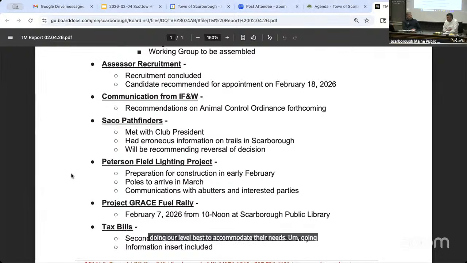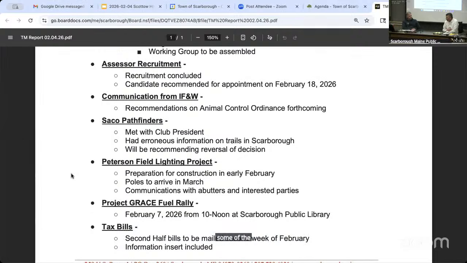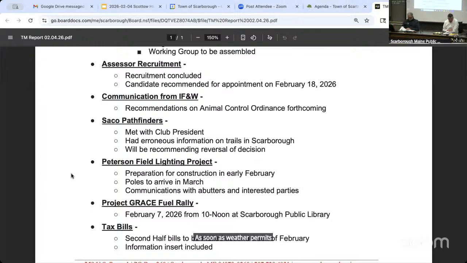Going forward, we are moving forward with the project. In fact, today they started to mobilize equipment, and I think as soon as tomorrow, some work will be done on the bases of the poles, and poles will be delivered in March. So the intent is to have these in place and the fields playable as soon as weather permits this spring.